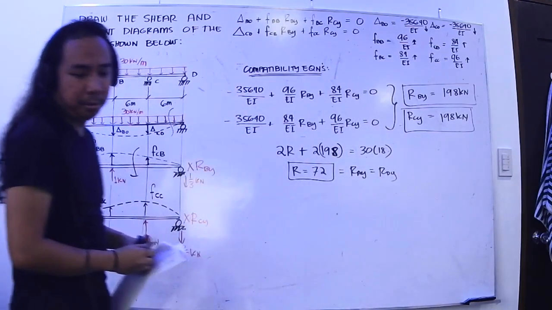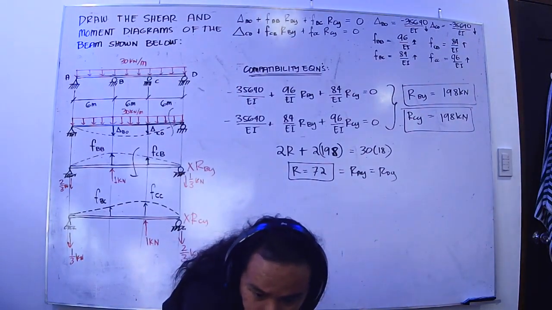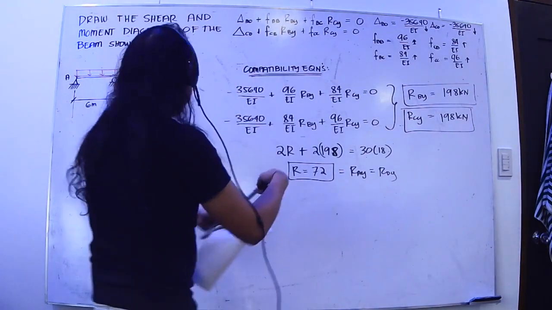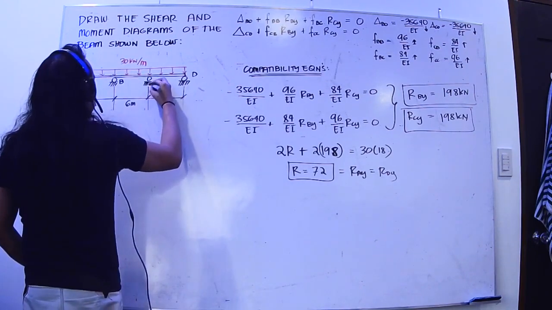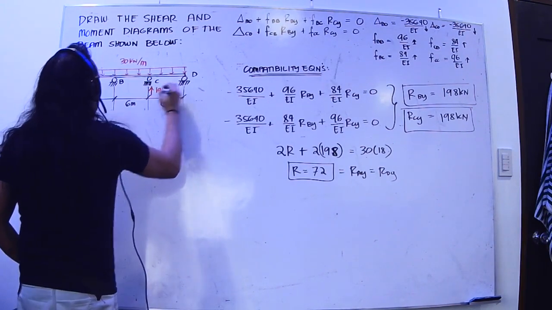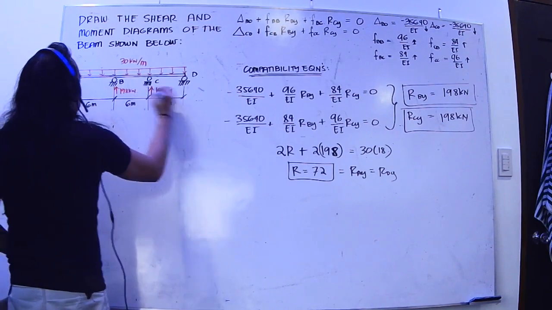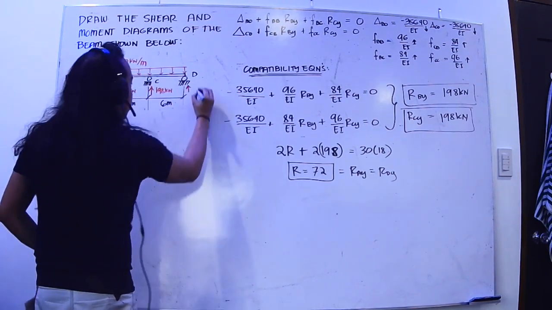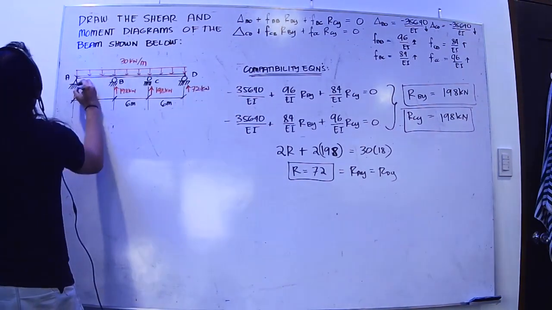So the reaction here is 198 kilonewtons, the reaction here is 198 kilonewtons, and the reaction here is 72 kilonewtons, likewise on the other side.